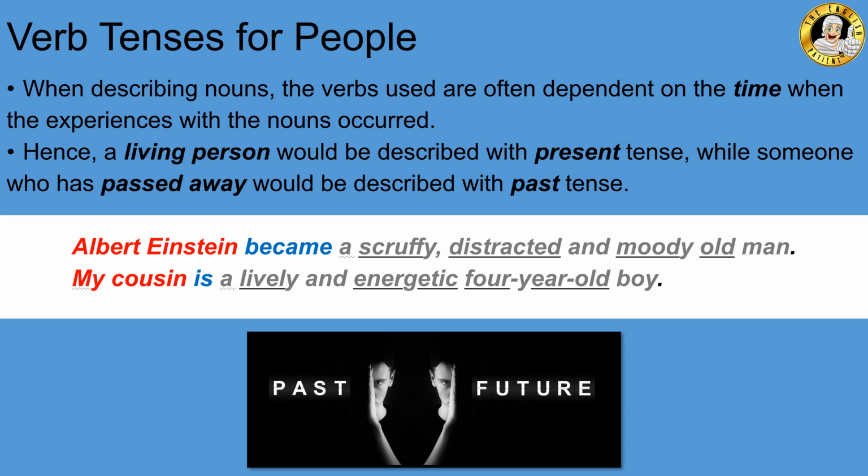So for example here, Albert Einstein became a scruffy, distracted and moody old man. My cousin is a lively and energetic 4-year-old boy. So Albert Einstein is clearly gone, so became, whereas my cousin is still here, so is.